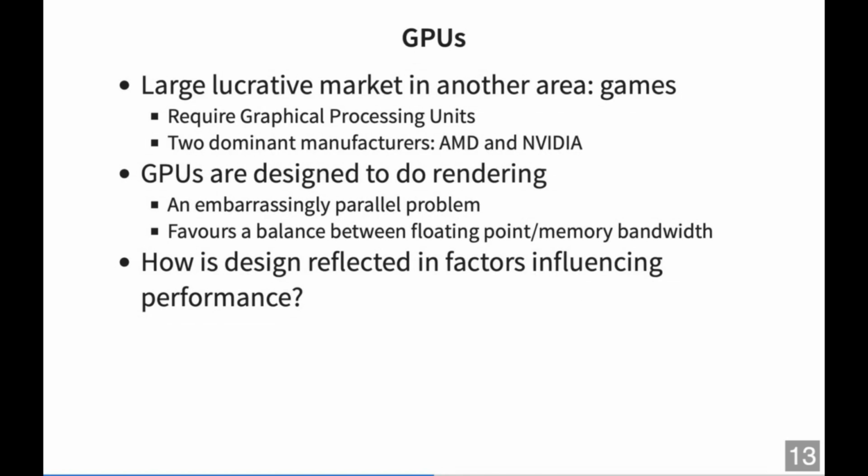So there's a long history of thinking about parallelism in GPU computing, and it also turns out the rendering problem favors a reasonable balance between floating point performance for doing actual computation and memory bandwidth for moving data in and out. And it turns out that that balance is often a good thing to have for scientific applications.